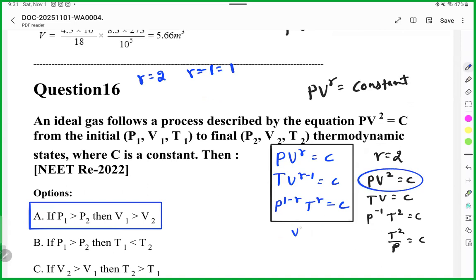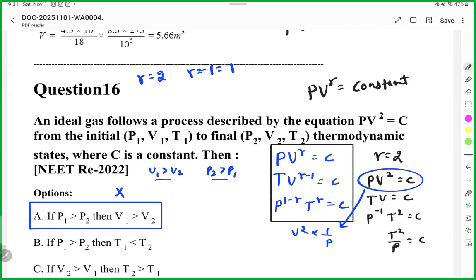Can you say V square is inversely proportional to the pressure? According to this equation, V square is inversely proportional to pressure. If volume increases, pressure will decrease. So this is wrong. If V1 is greater than V2, then P2 will be greater than P1, right? The normal equation is also applicable here.